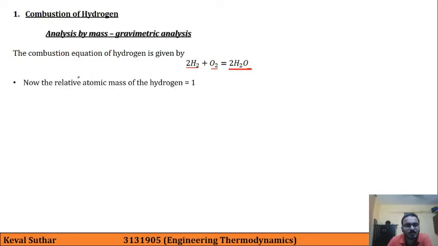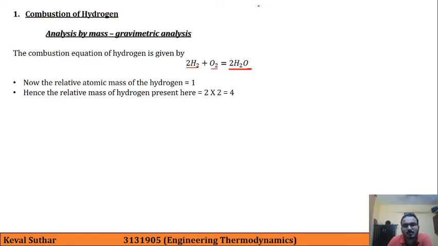Now here the relative atomic mass of hydrogen is 1, which we are all aware of. So here the relative mass of hydrogen present here is 2 into 2, that is 4. Why?